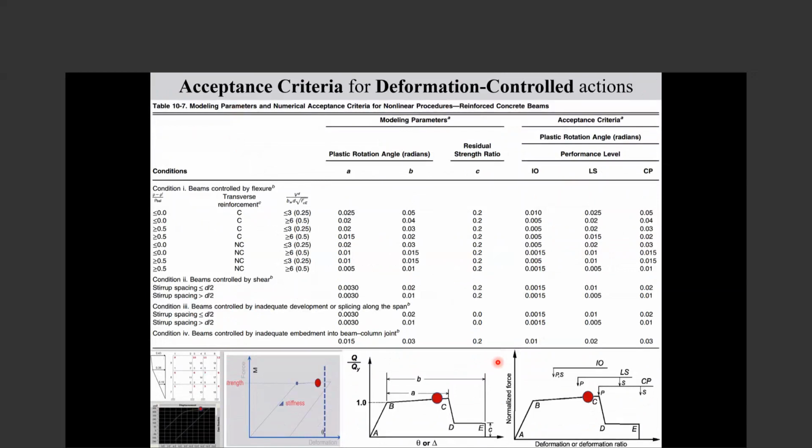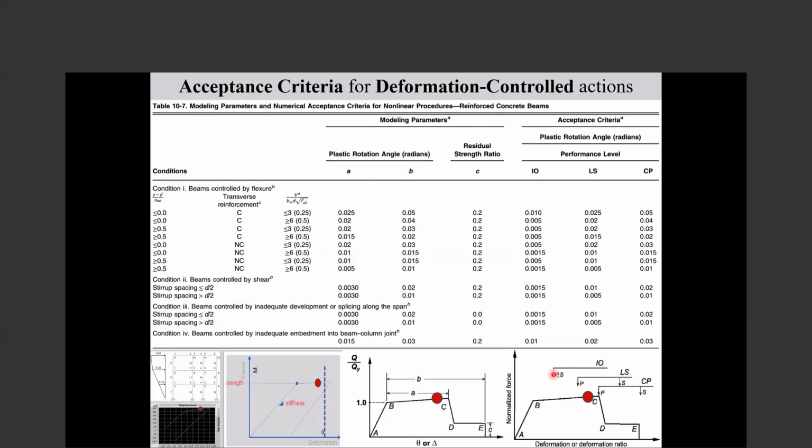So these tables, for all different systems with different materials, we have in different sections of the existing building code, both modeling parameters, A, B, C, and acceptance criteria.